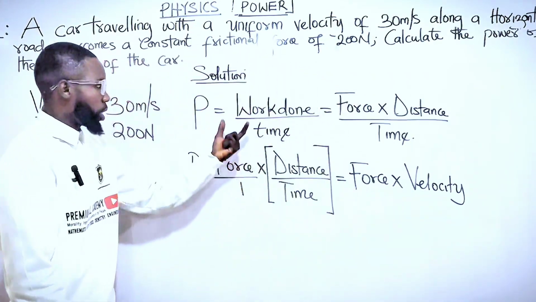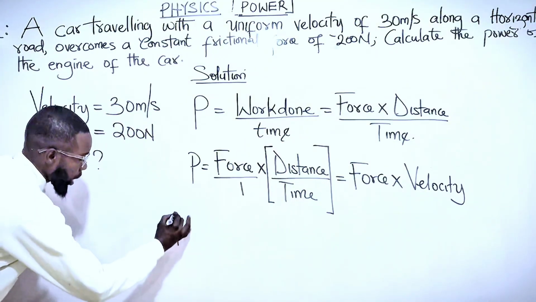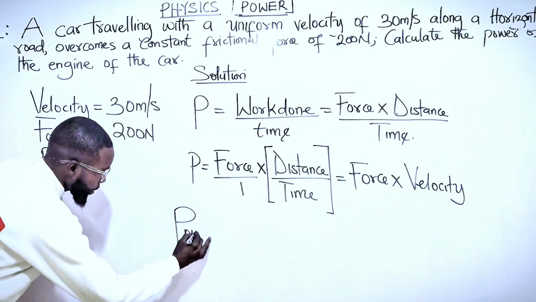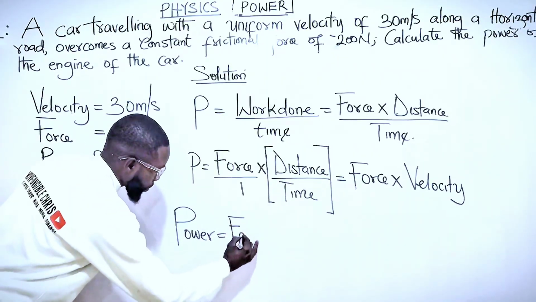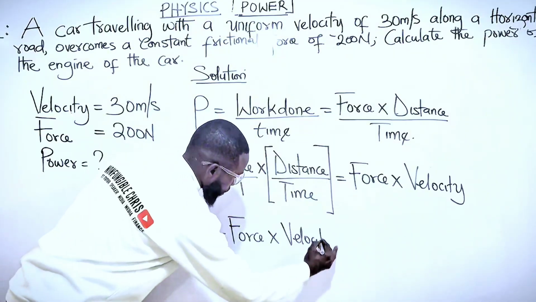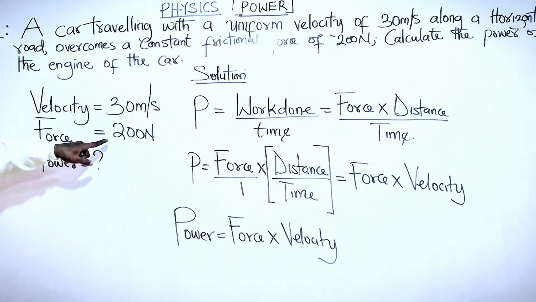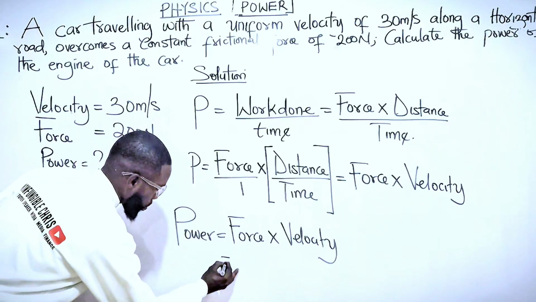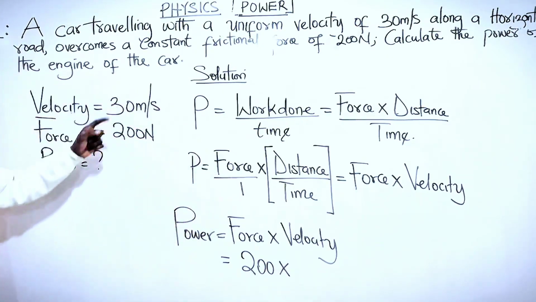Right, so with this formula we've been able to deduce a new formula: the value of power is force times the velocity. And from our parameters, the force was 200 newtons, so we can see 200 times our velocity, which was 30.